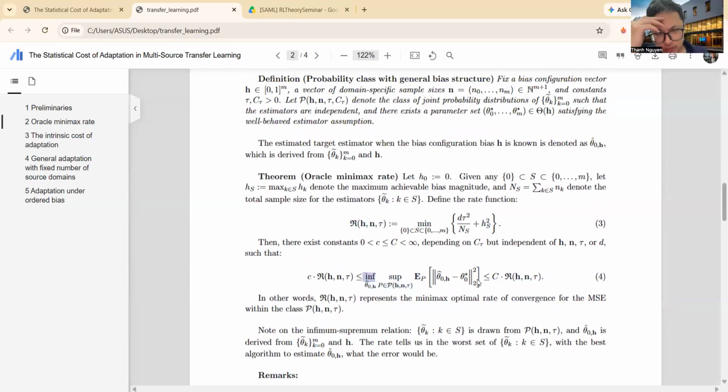Equation 4 tells us that the expected MSE between the estimated target estimator theta hat 0 with H here and the true estimator theta star 0 is bounded by the rate function R.